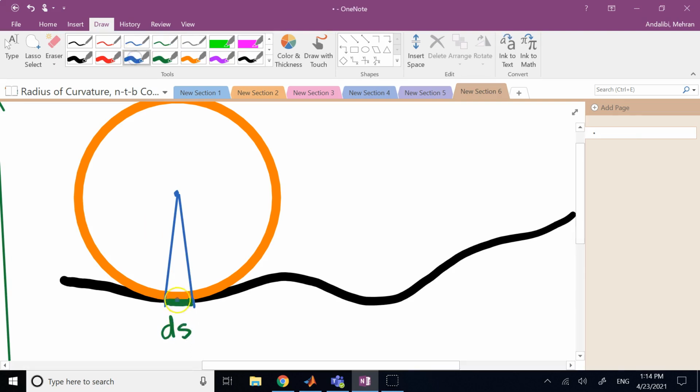And if the 2 points are close, I can consider that the radius of curvature between them is not changing. So I can call both of them rho. This angle between them, I can call d theta.